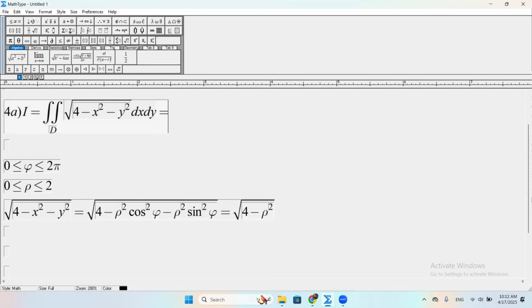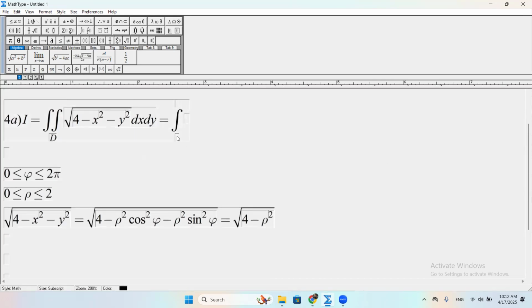So the integral will be the following: from 0 to 2pi d phi, and integral from 0 to 2 of the square root of 4 minus rho square, multiplied also by rho, don't forget it, d rho. So we received the following integral.